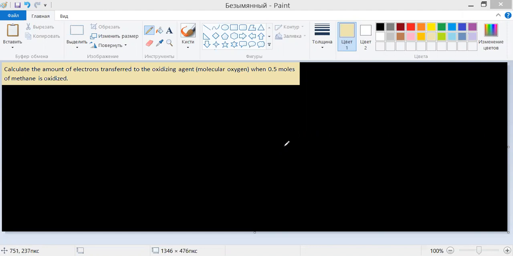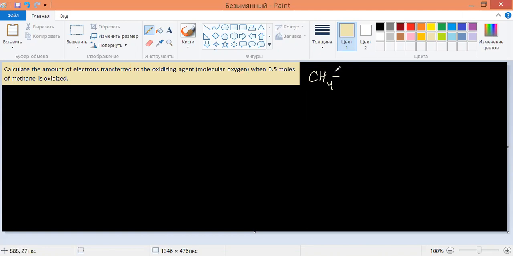So first of all, in order to start doing it correctly, we should find the right path to start from. So let the initial point be the scheme of the reaction occurring.